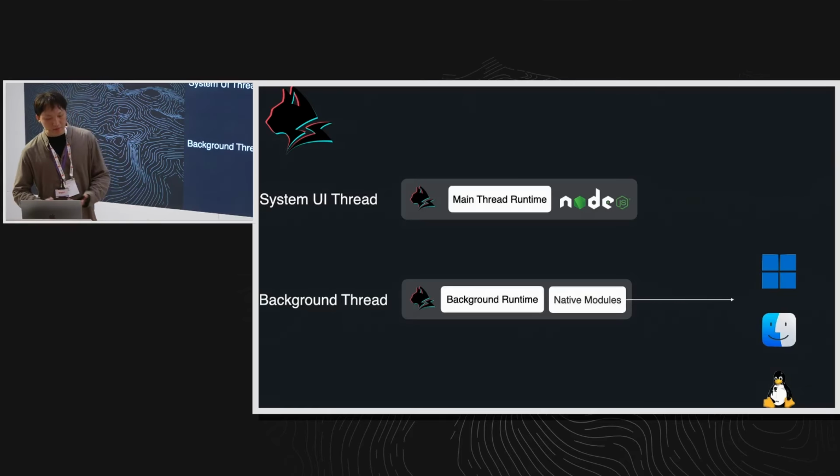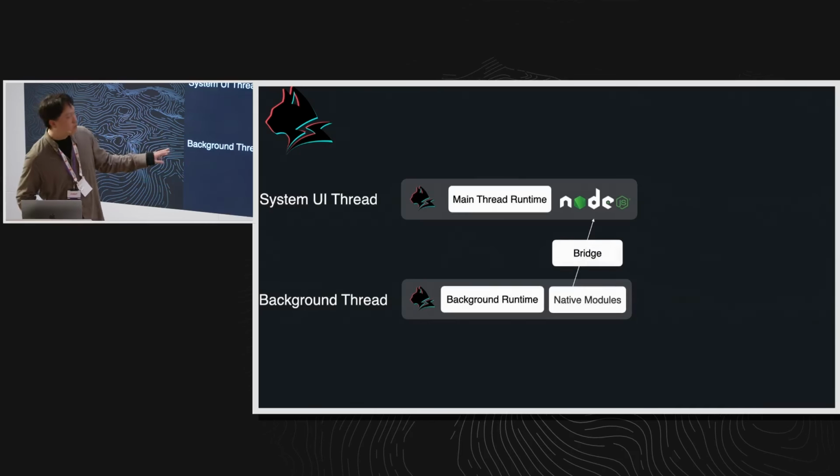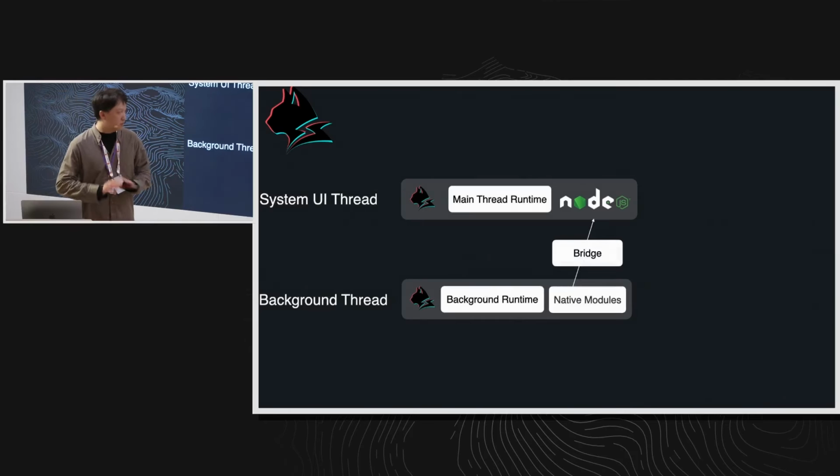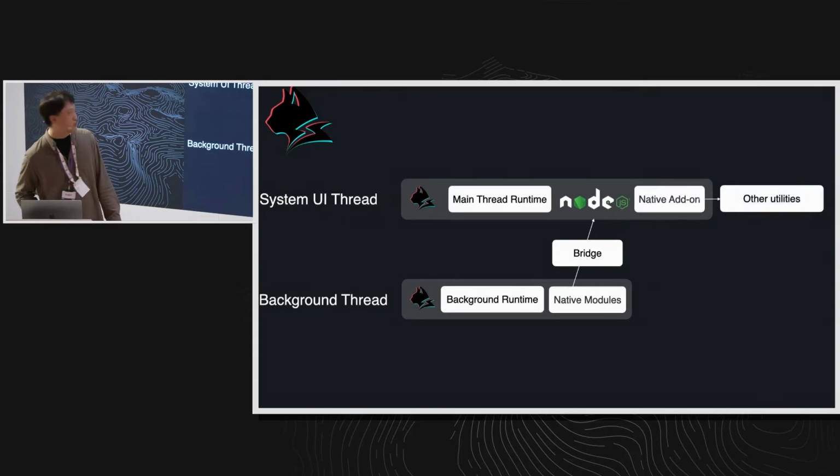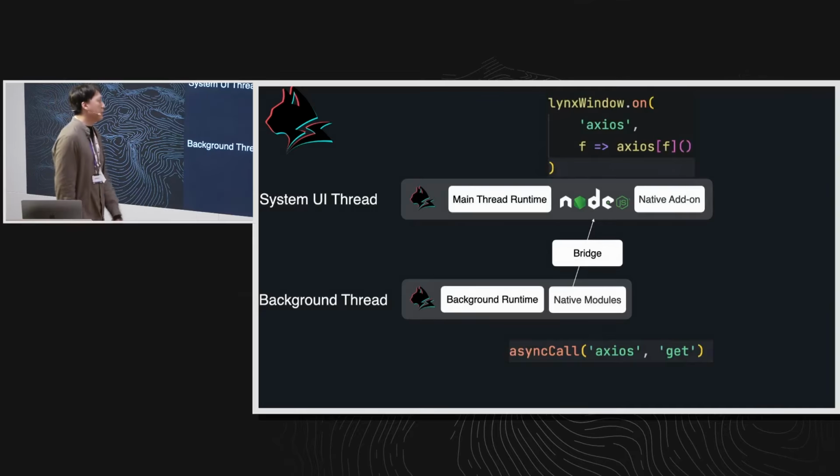The native modules can be implemented directly using the system native API, or we can simply have a bridge back to Node.js, where we can get the full capability of Node.js and also the full ecosystem from Node.js. So we can support as many things in Lynxtron as Electron does.